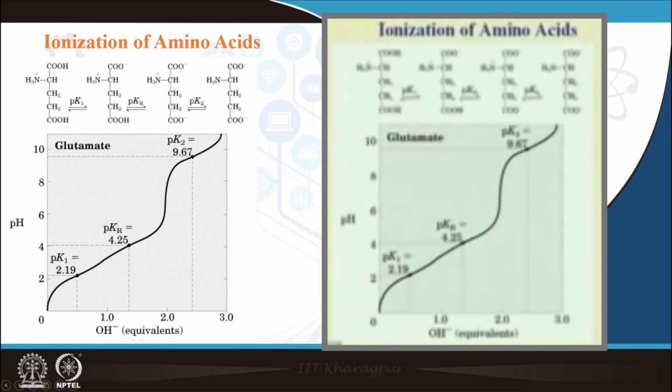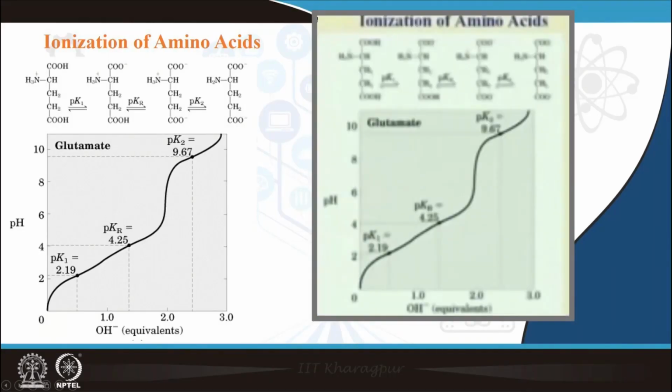We have 3 protons that could be lost. We have the first one lost, which is the carboxylic acid group attached to the C alpha of the amino acid, right? Not the side chain. Because why do we lose that first? Because that is the most acidic proton. Then we go on to the next one, which is the next most acidic proton, the side chain one.